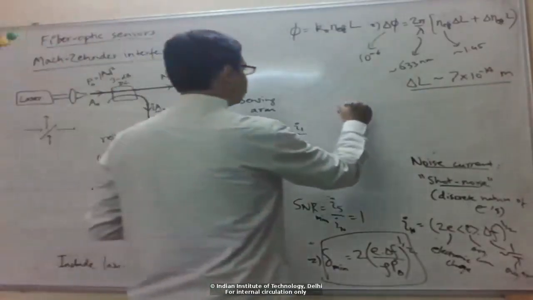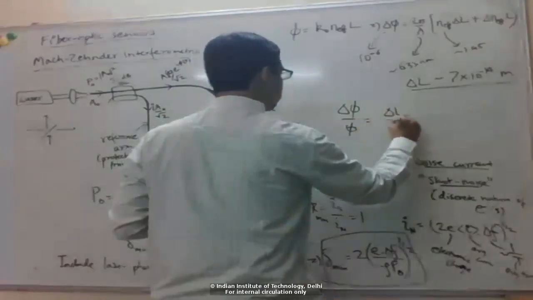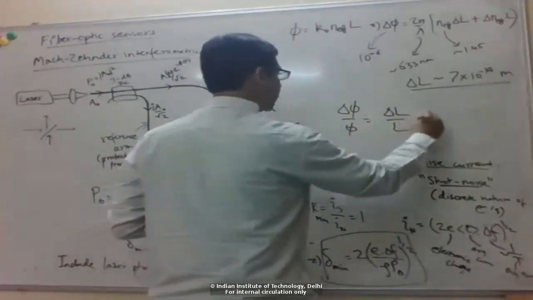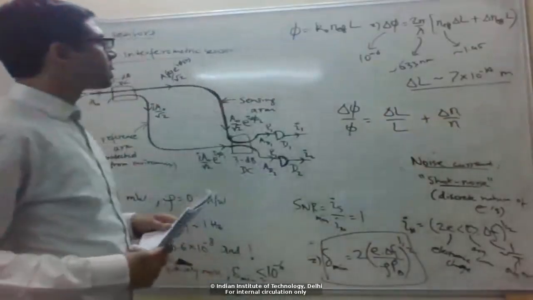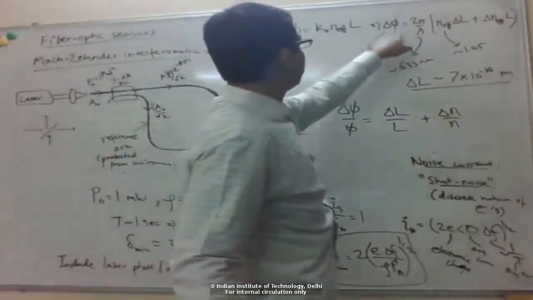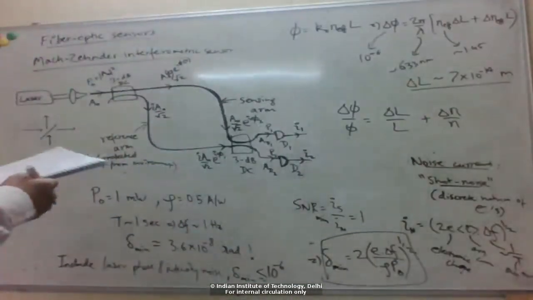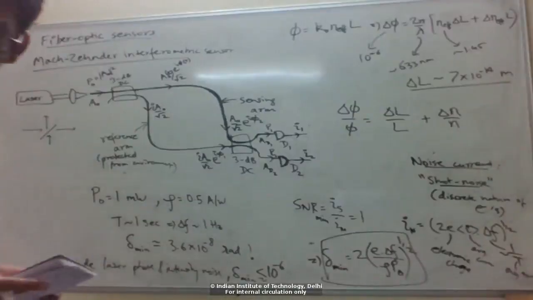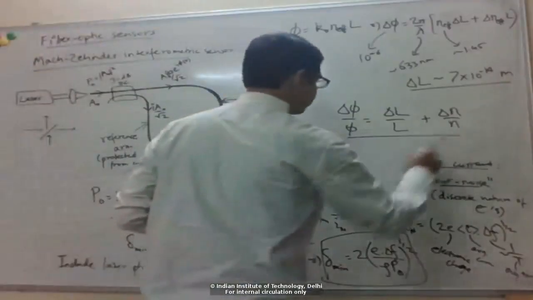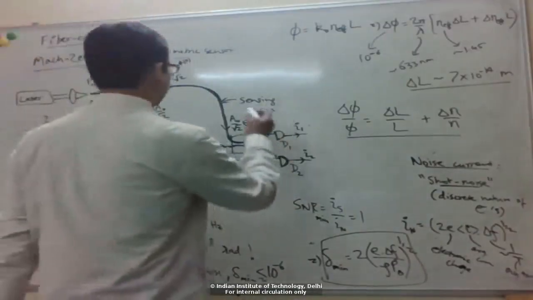So the fractional change in phase I can write as the fractional change in length plus the fractional change in the refractive index, where I just divide the phase expression by phi here.